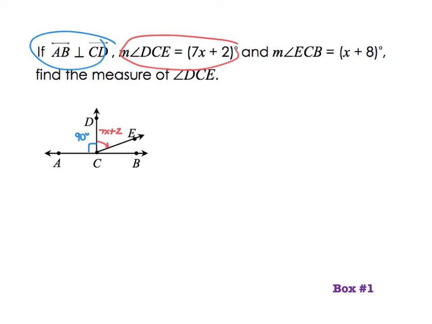Okay. And last but not least, the other piece of information that we have is that measurement of angle ECB, that's this one right here, is equal to x plus 8. They want us to find the measure of the red one. They actually want us to find what is the numerical value for the red one.